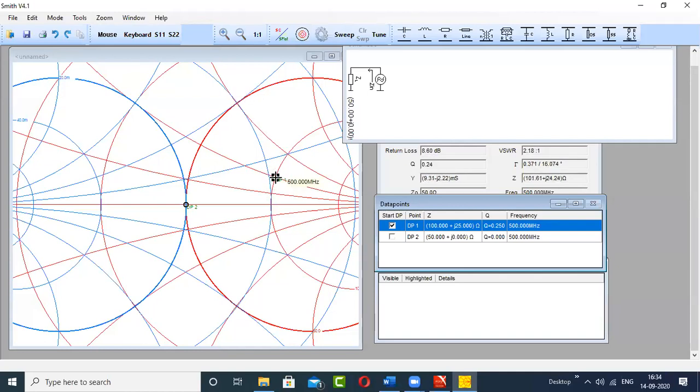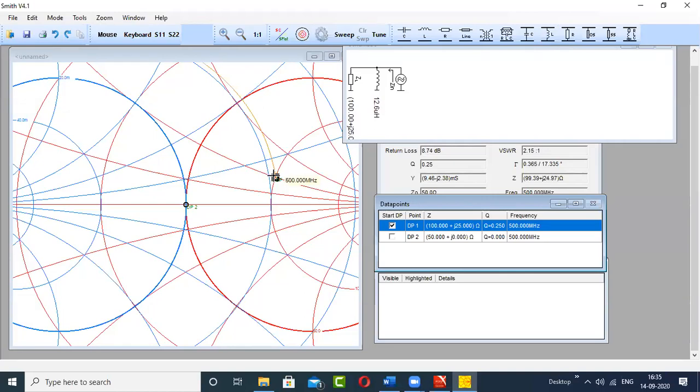If I move on that circle, I can reach either the upper side or the lower side, and I will be shifted onto the red circle which passes through the center of the Smith chart. Suppose I move upward along this blue circle, I'm moving in anti-clockwise direction and upward. So that is one shunt inductor.